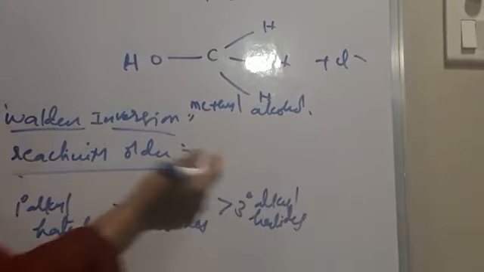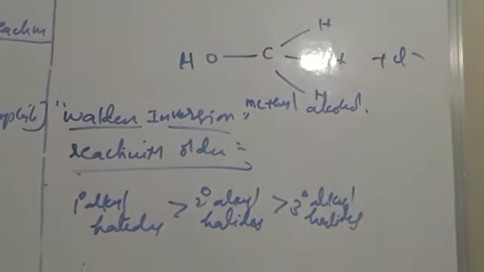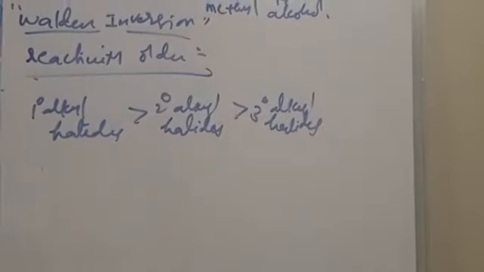So this is the reactivity order of SN2 reactions. Primary alkyl halides is greater than secondary alkyl halides is greater than tertiary. Okay.